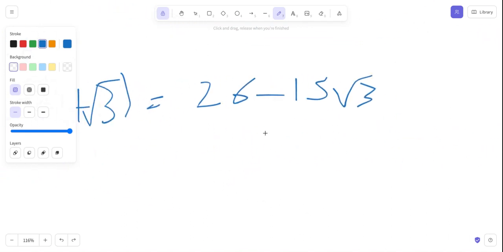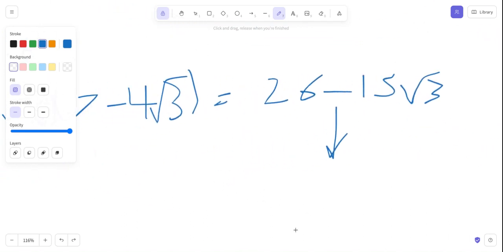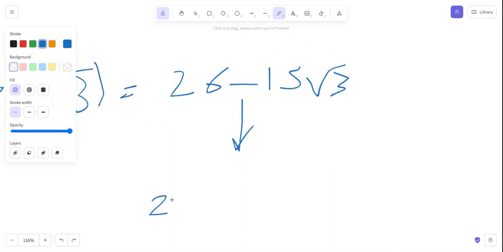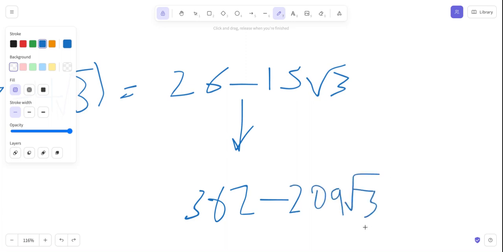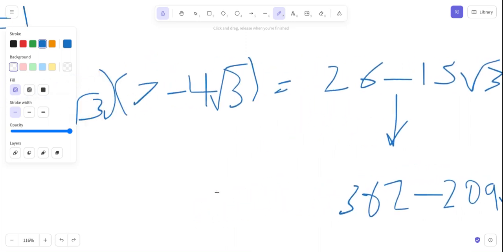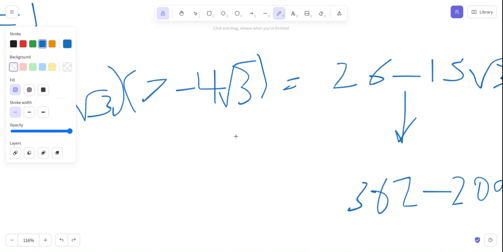And then if you multiply the second factor again, you get 362 minus 209 root 3. You multiply this out once.